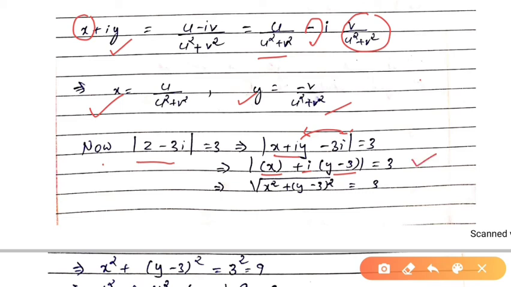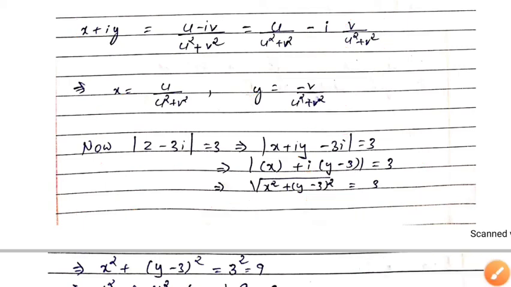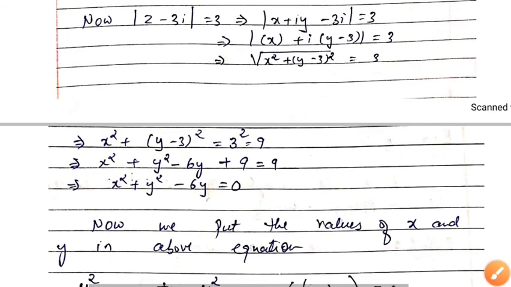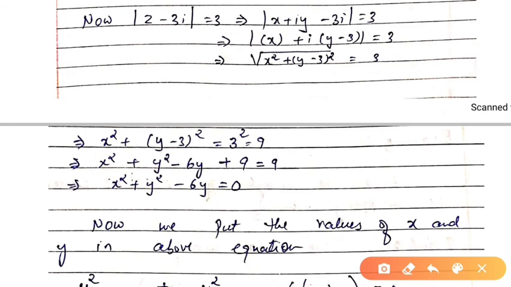Now we know that mod z equal to mod of x plus iy is equal to under root of x square plus y square. This formula we already know. We will apply this over here. So we get under root of x square plus the square of the imaginary part, that is y minus 3 whole square.